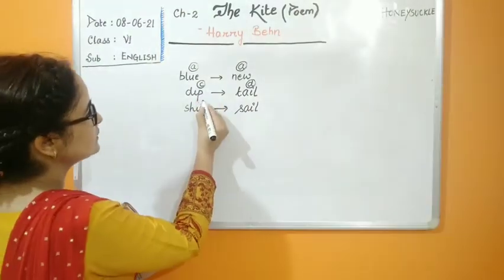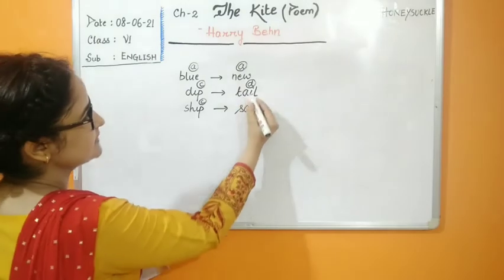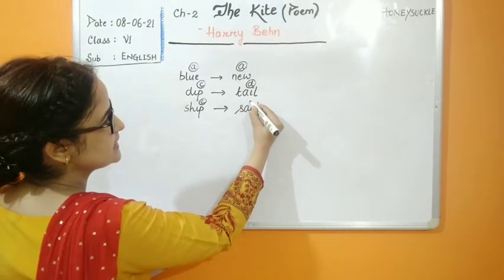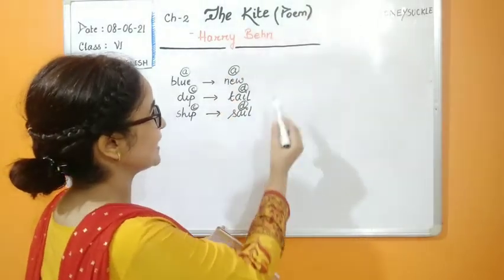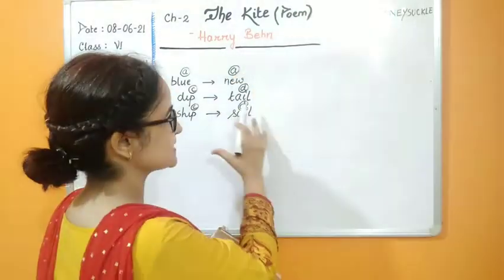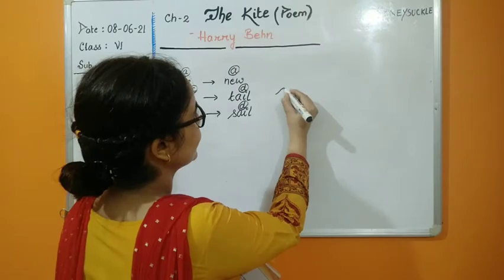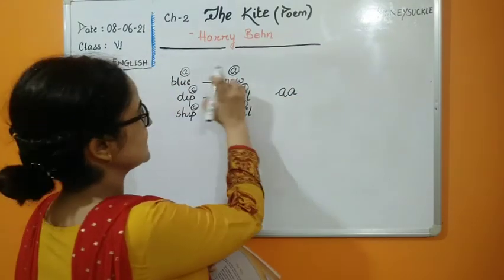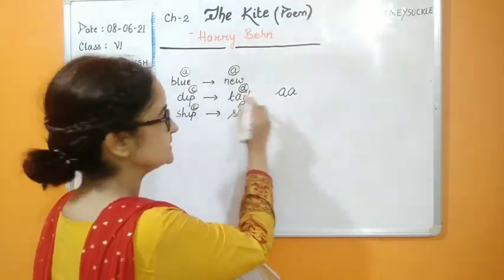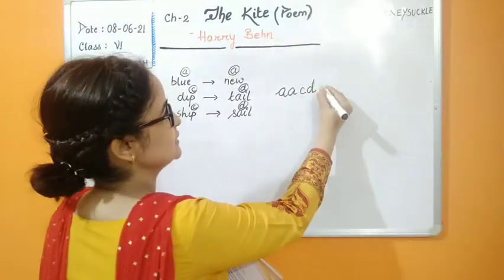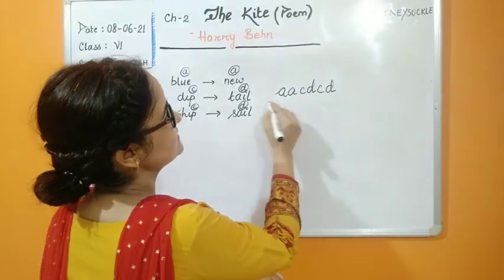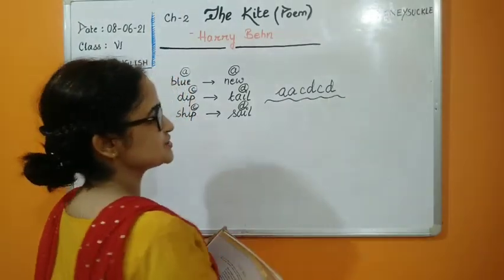So we can call this one also C, and tail is rhyming with sail, so this can be called D. So the rhyming pattern in these 6 lines is AA, then CD, then again CD.